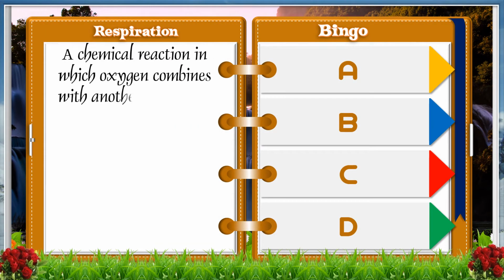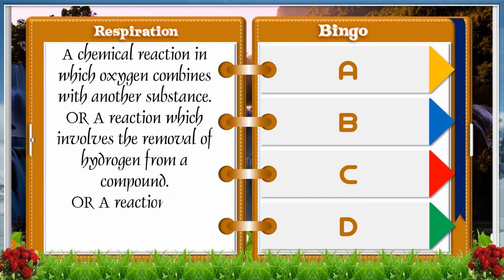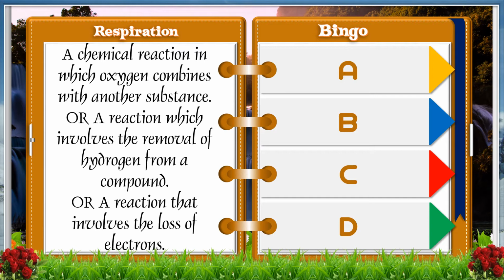A chemical reaction in which oxygen combines with another substance, or a reaction which involves the removal of hydrogen from a compound, or a reaction that involves loss of electrons.